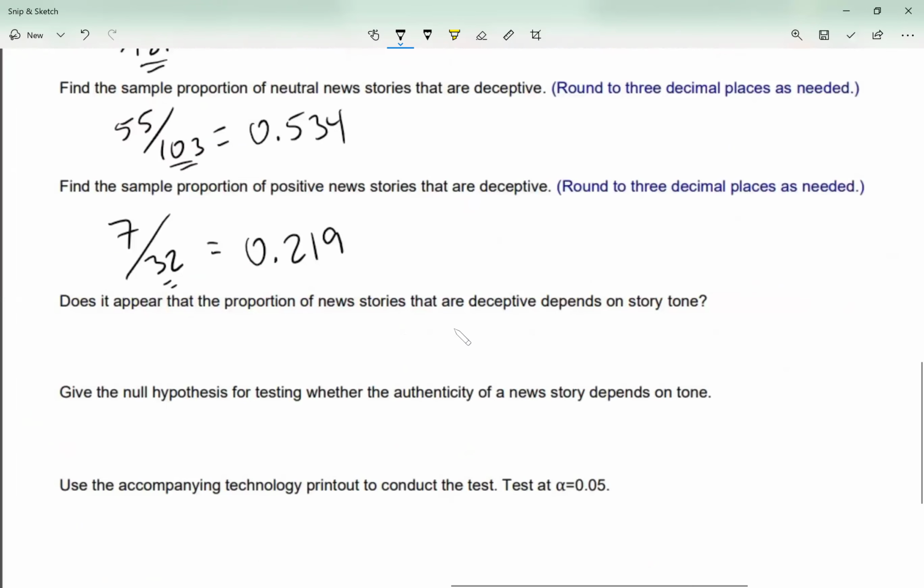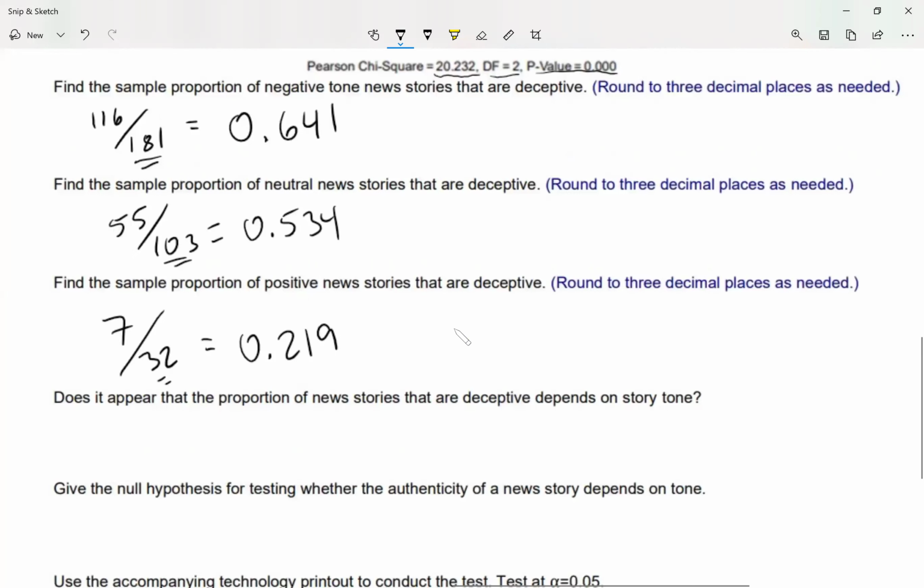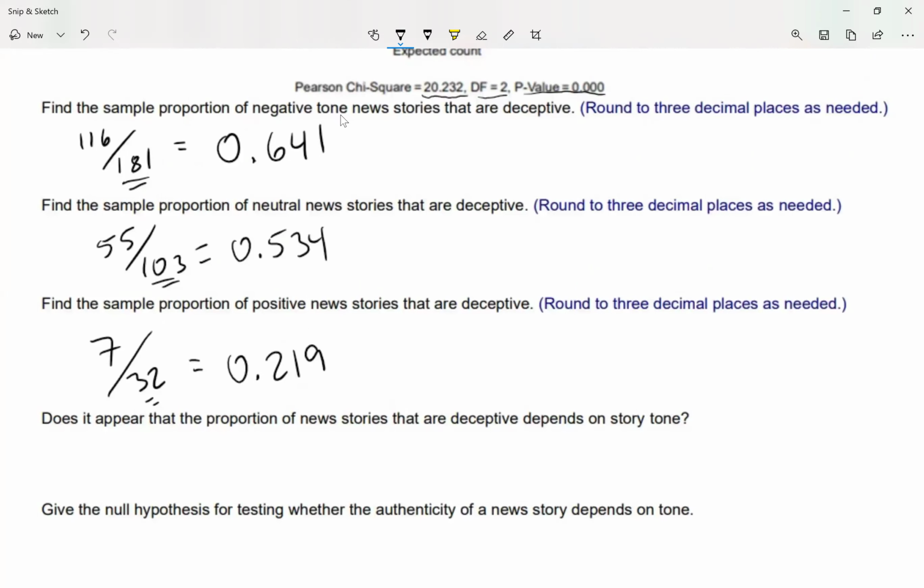Now, the questions that I have here. Does it appear that the proportion of news stories that are deceptive depends on story tone? So for those that were negative tone, about 64% of them were deceptive. For those that had neutral tone, about 53% of them were deceptive.